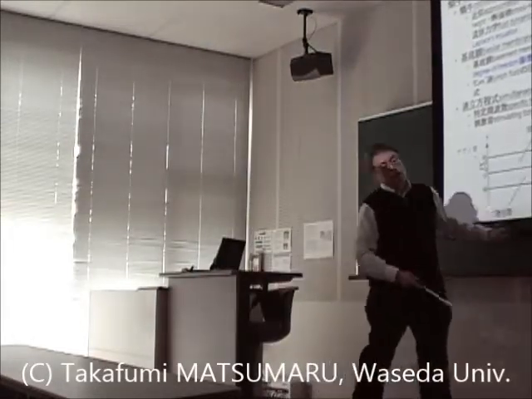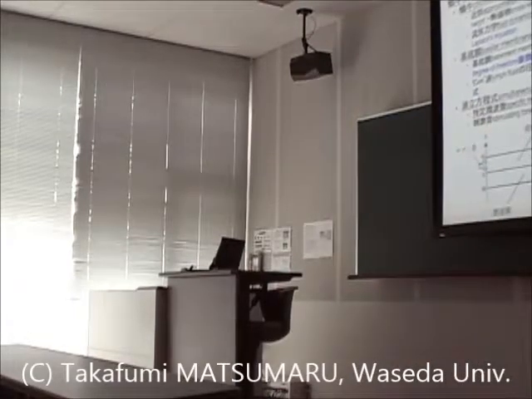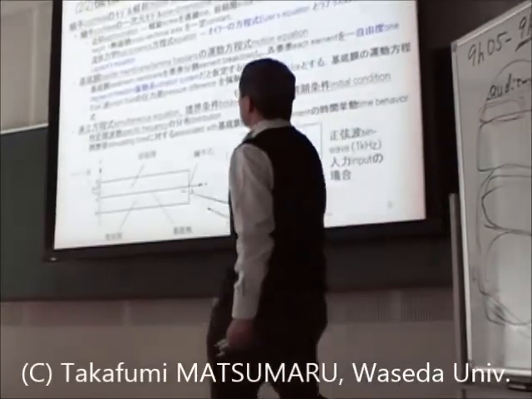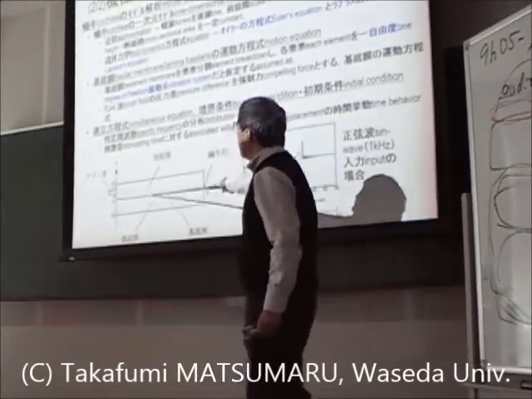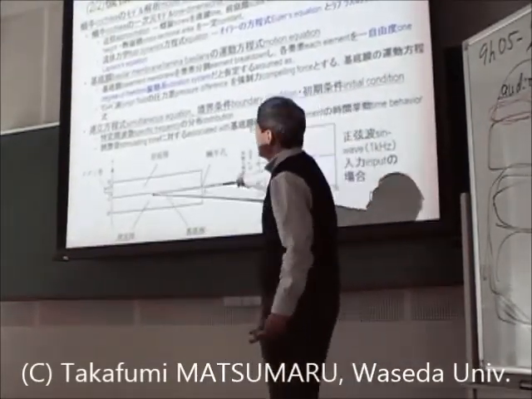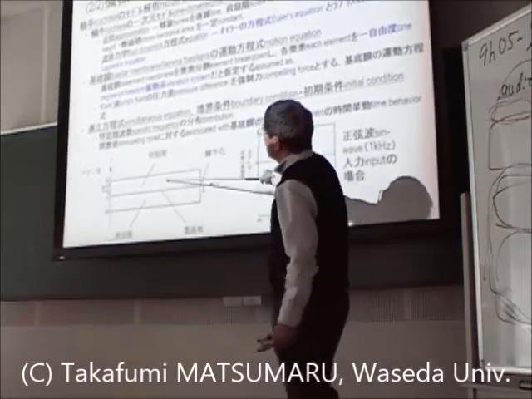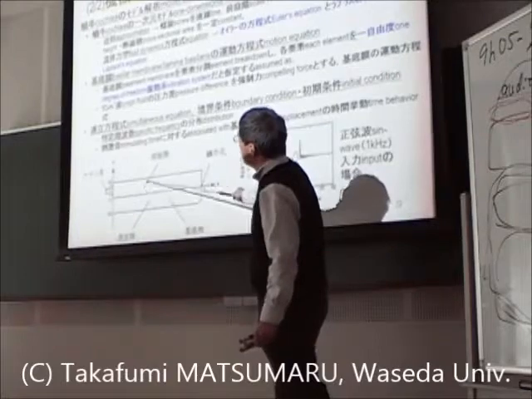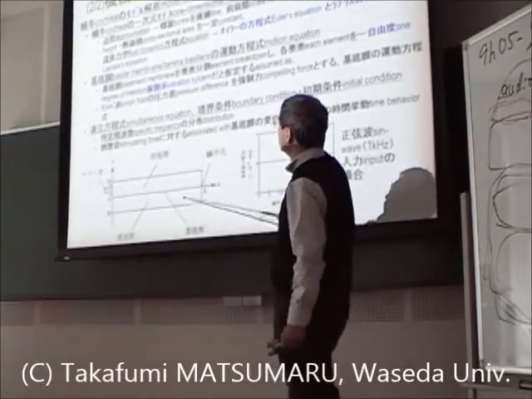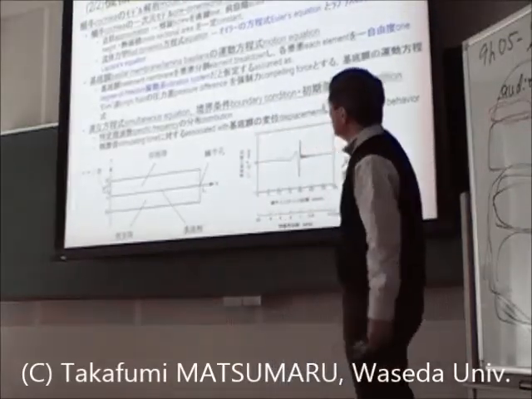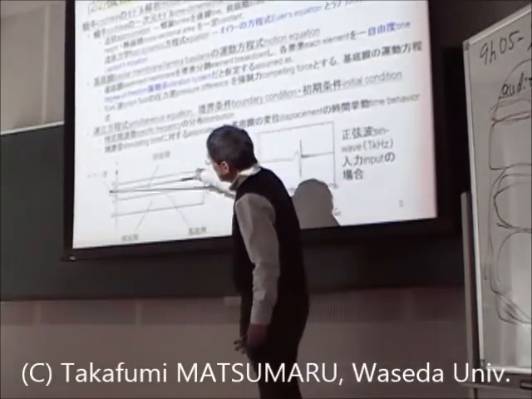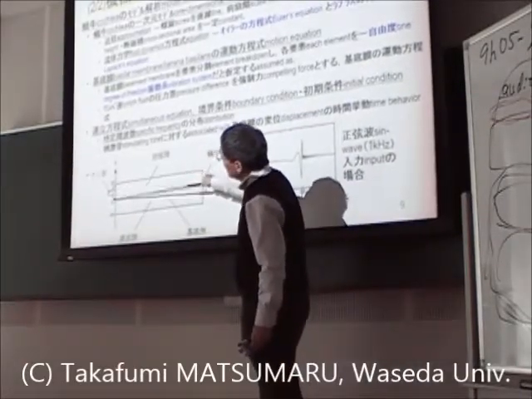The cochlea is modeled as a one-dimensional tube like this. The middle part is a membrane, and the upper chamber and lower chamber are filled with liquid. The stimulus is given at this part.